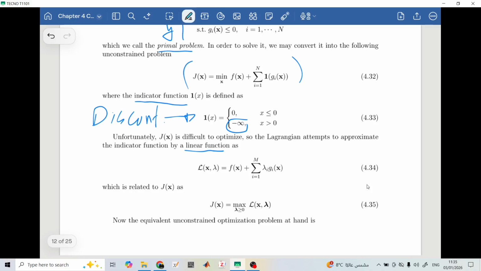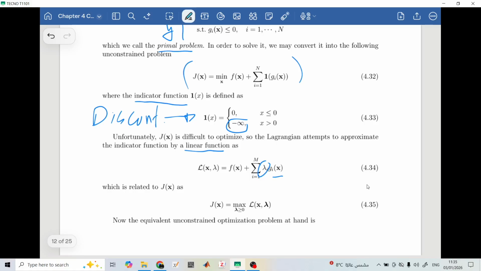Okay, so we multiply the inequality constraint by lambda. Lambda is unknown, so we are introducing an unknown variable in addition to the unknown x that we need to optimize. So which value of lambda do we need to find? Logically, we need to find the best value.